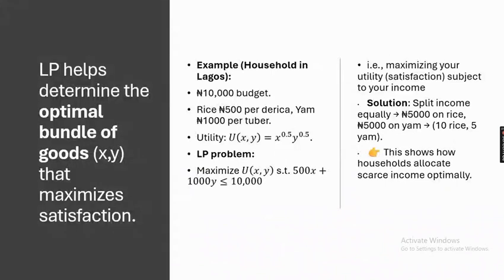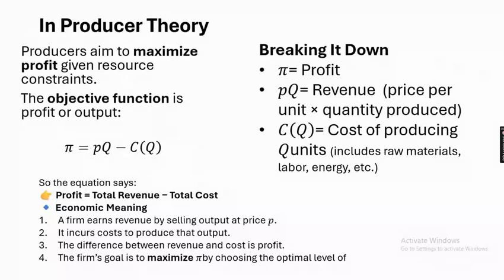The LP problem is to maximize utility subject to 500x plus 1,000y less than or equal to 10,000. Solving this, the household spends 5,000 naira on rice and 5,000 naira on yam, buying 10 dericas of rice and 5 tubers of yam. This shows how families allocate scarce income optimally.